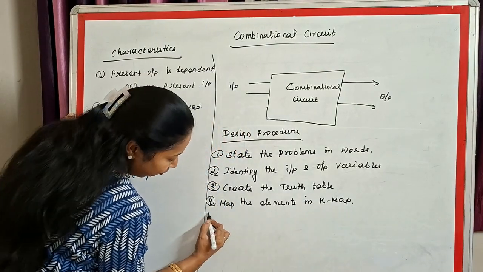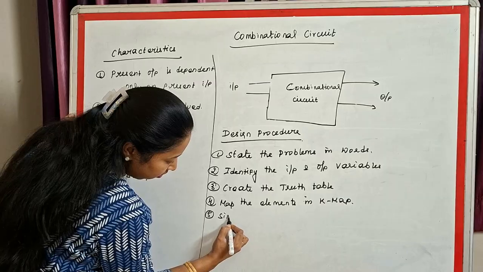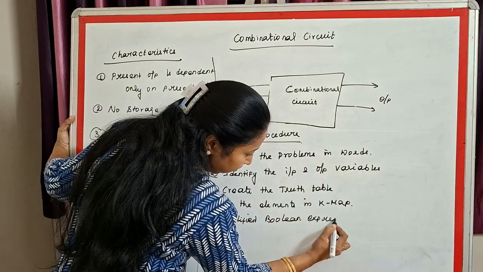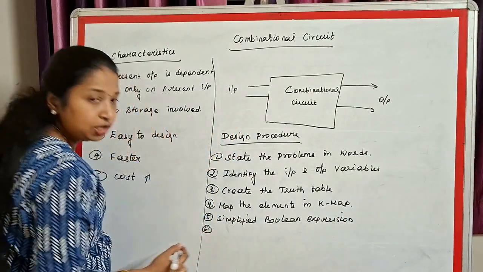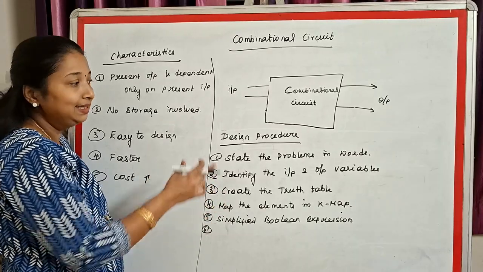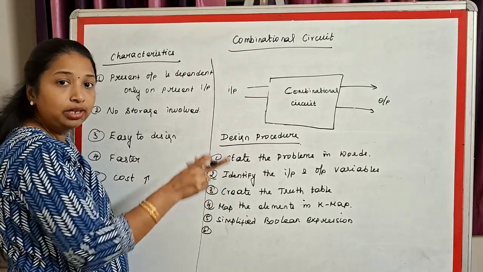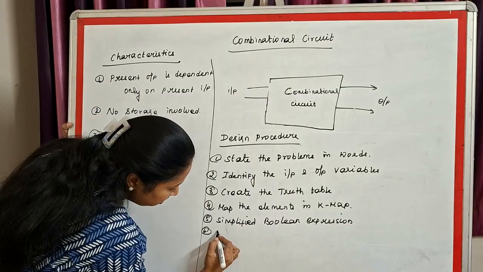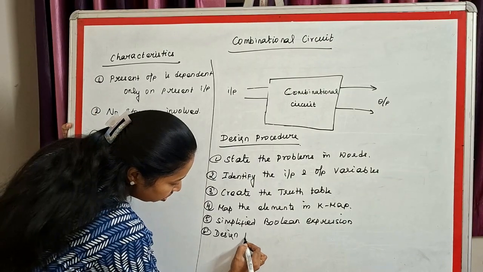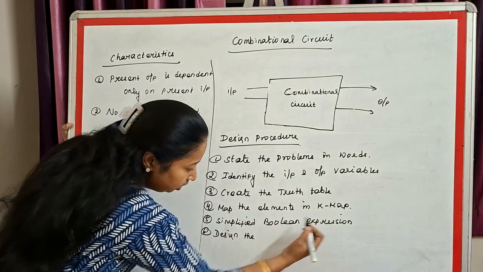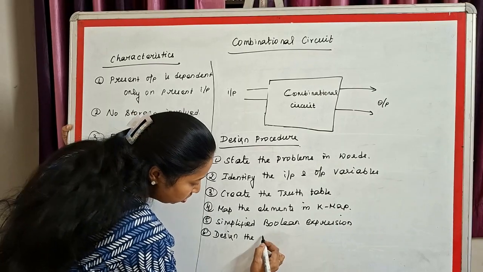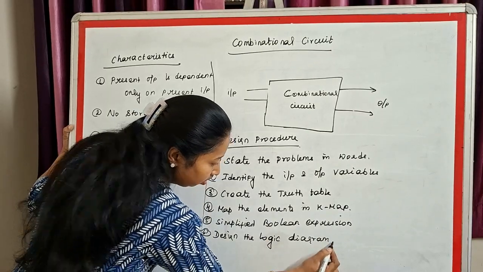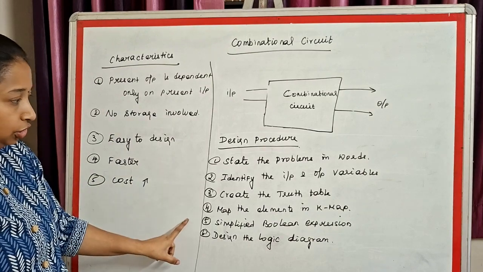After mapping, you have to find the simplified expression. After finding the simplified expression, you have to design. Design means you have to draw the logic diagram based on the Boolean expression that you have got. Clear? This is the design procedure.